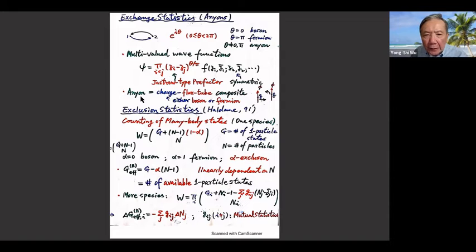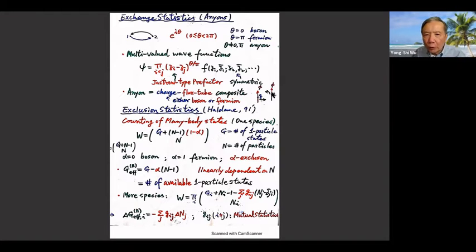Physically, according to Wilczek, the anyon can be viewed as a composite of a charge and a flux field. Okay, so when we try to exchange the two anyons, the charge in one anyon can see the flux in another anyon.